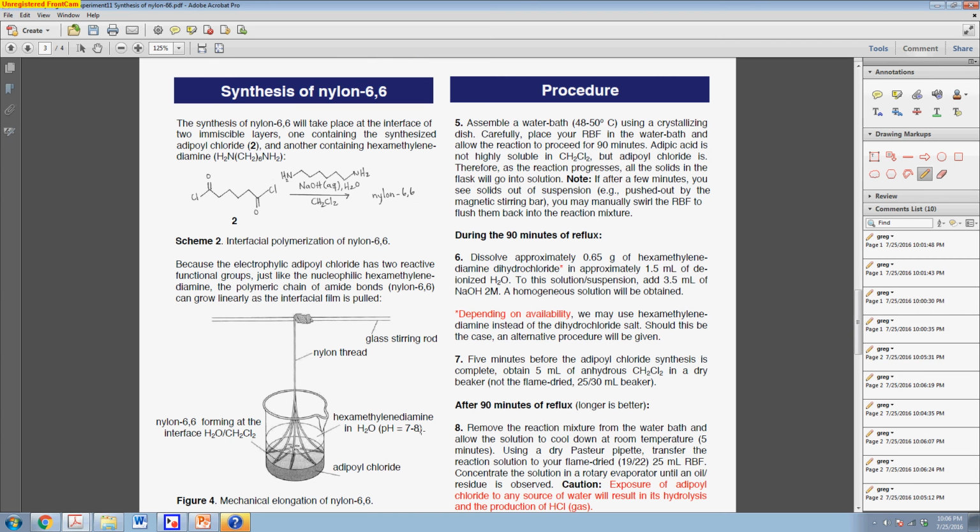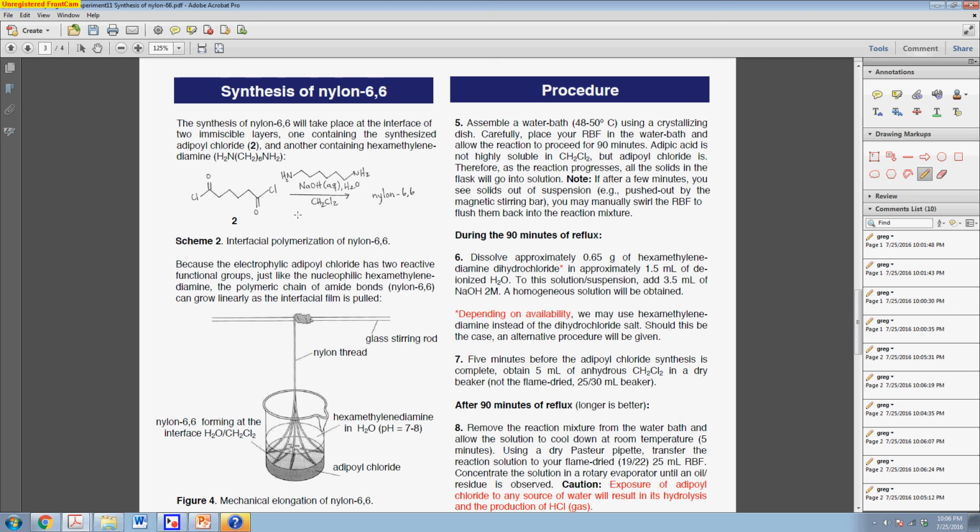So once we generate this diacid chloride from thionyl chloride and DMF, we are then going to make 2 phases of this reaction, and this is shown here. In one phase, we are going to take our synthesized diacid chloride and put it in dichloromethane.